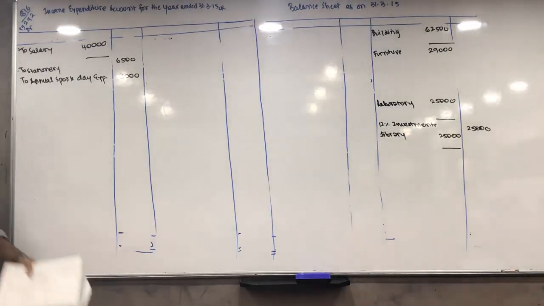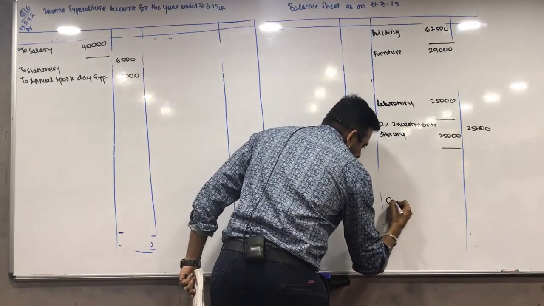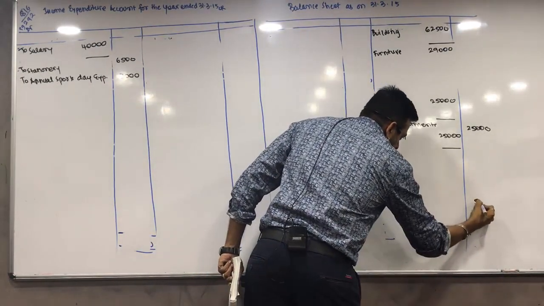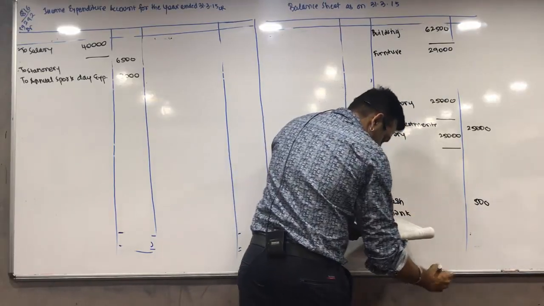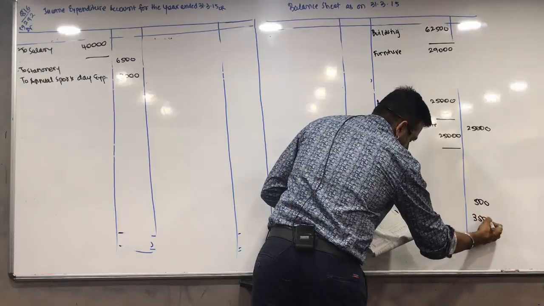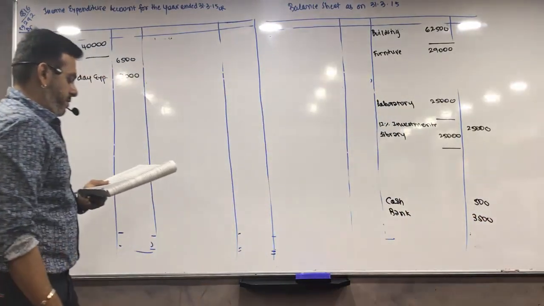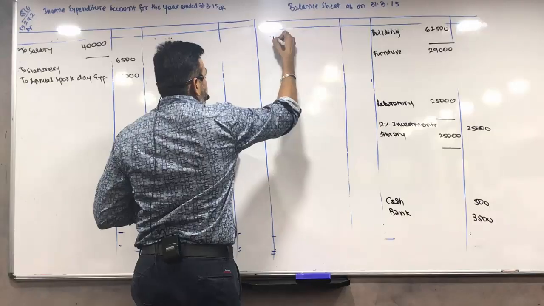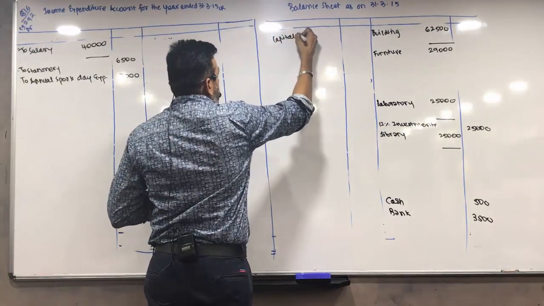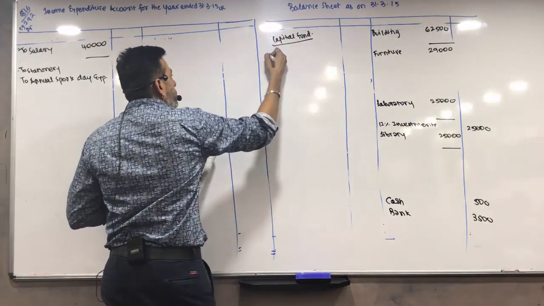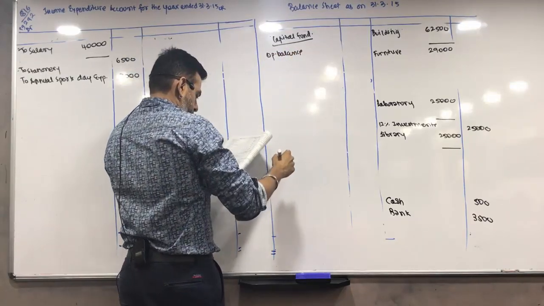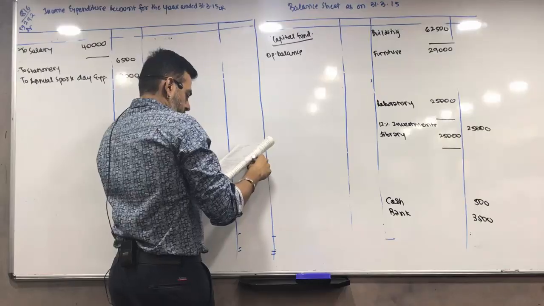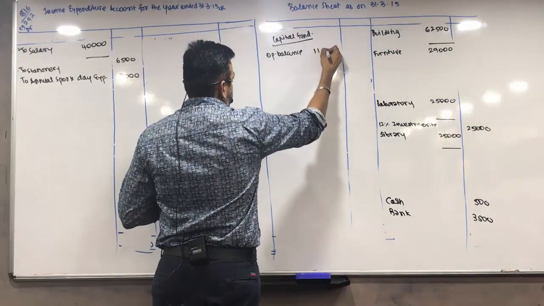Cash balance 500. Bank balance 4,500. Capital fund. Opening balance 1,15,000.